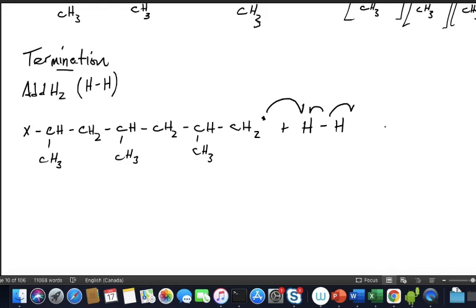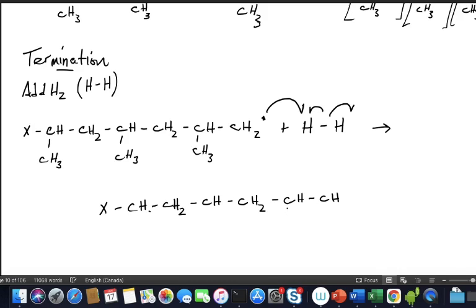And what we have for our final product looks like this. So I'm going to redraw this structure again. It can get a little bit tedious and lengthy depending on what the monomer is.